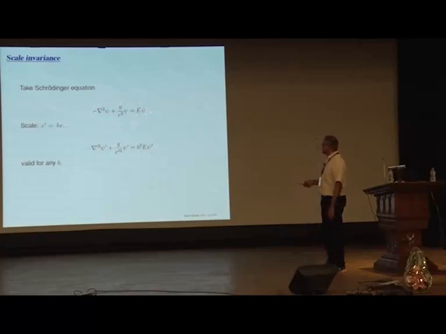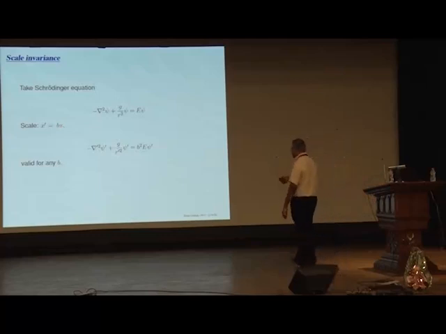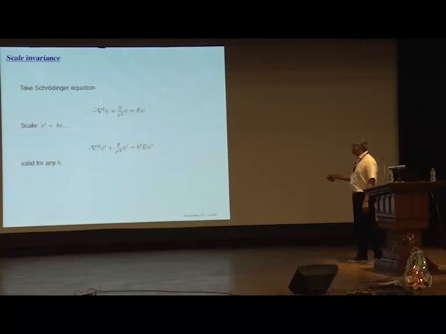Now I can do a scale change, that all these x's will be replaced by x prime, which is just b times x. b is a scale factor, going from angstrom to micron or angstrom to kilometer. So b is that scale factor. And if I put that scale factor, you see I will get 1 over b square from this del square here. I get 1 over b square from that 1 over R square.